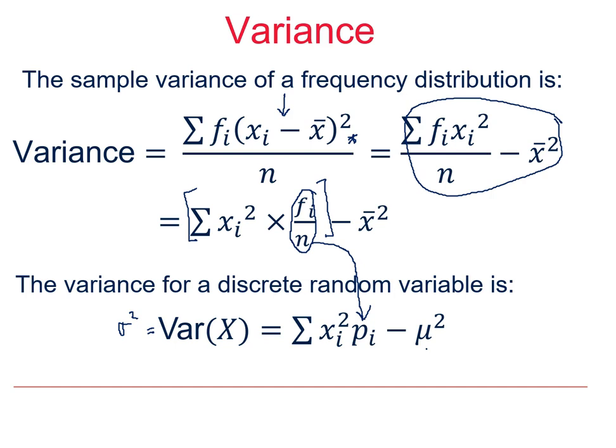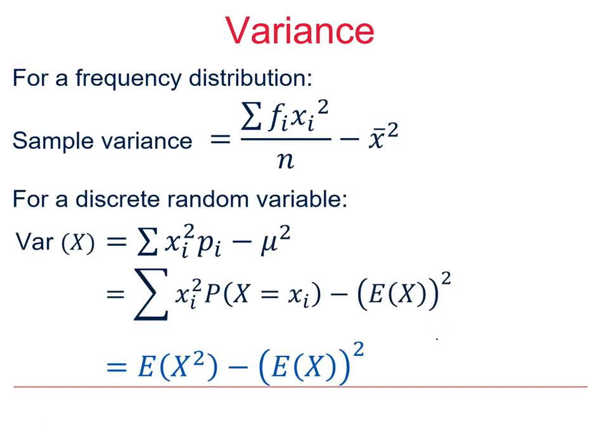And we use mu here because with a probability distribution this will actually be the population mean. So just to summarize that, for a frequency distribution we just have a sample variance here, the variance from that sample.